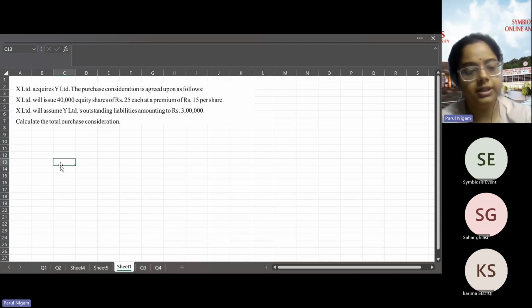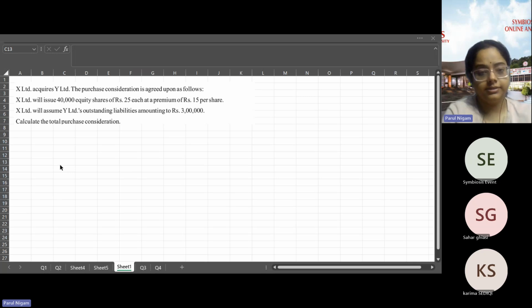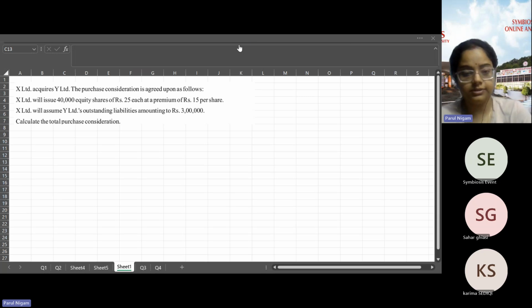Now, X Limited will assume Y Limited's outstanding liabilities amounting to rupees 3 lakh. So you have to calculate the purchase consideration. Fine. So first of all, we have to see what is purchase consideration. It is the sum of the value of shares issued and the liabilities assumed.